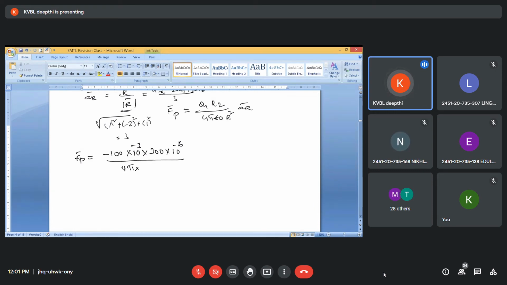The value of free space is given in the question, what is epsilon naught value? 8.854 into 10 power minus 12, into r square, which is 3, so 3 square. Now what remains? a_R. What is the a_R value you got? It is a unit vector, so ax minus 2ay plus 2az by 3. So solve this equation.